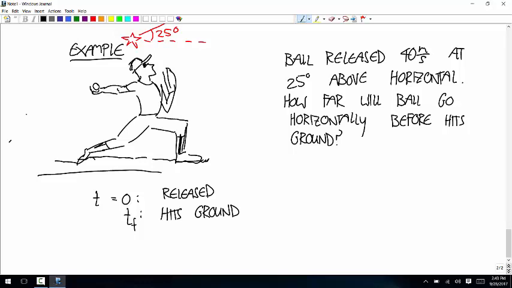Okay, so at time equals 0, the ball's right here at that star. So I'm going to put the origin on the ground right beneath that. And I'm going to put the y-axis up and the x-axis that way.